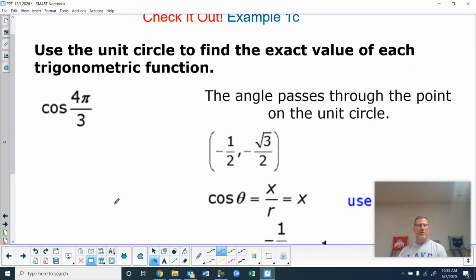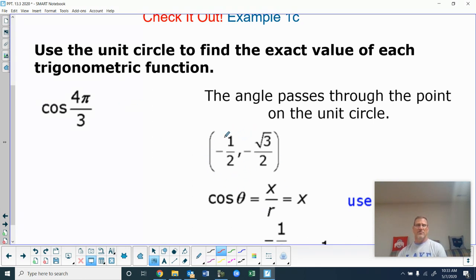Okay, 4 pi over 3. Again, if we go to the picture and look at the point, it would be negative 1/2, negative radical 3 over 2. That is in the third quadrant. Cosine comes before sine in the alphabet, x before y, so cosine is the x value.